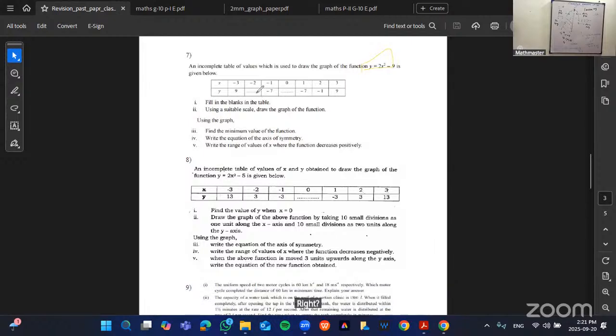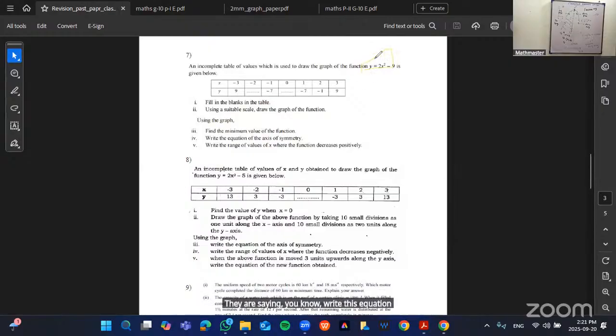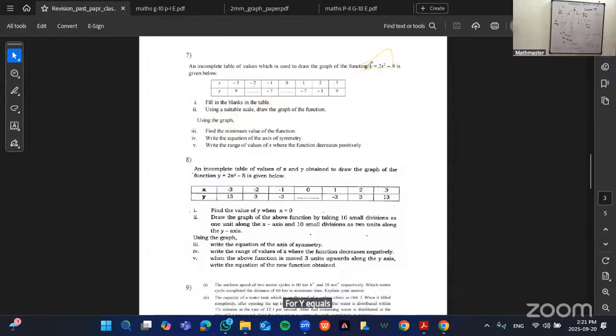That's why they have given these two spaces for y. They are saying you to write this equation y equals 2x squared minus 9 and substitute these x values into it, get the y value. Understood? Right.